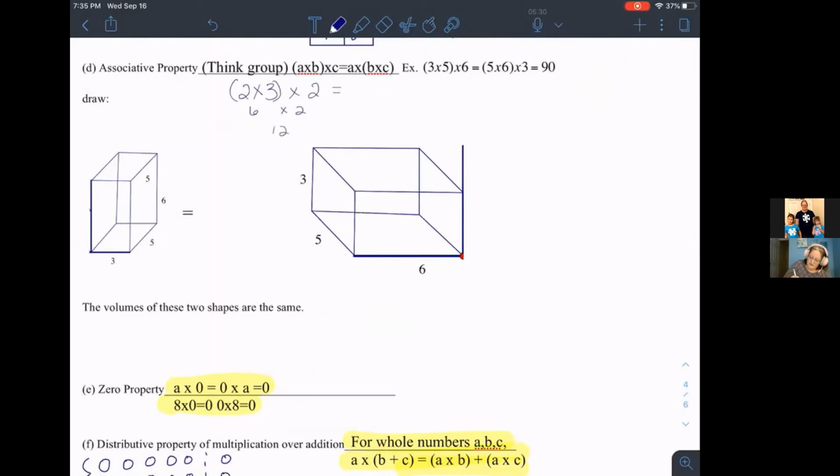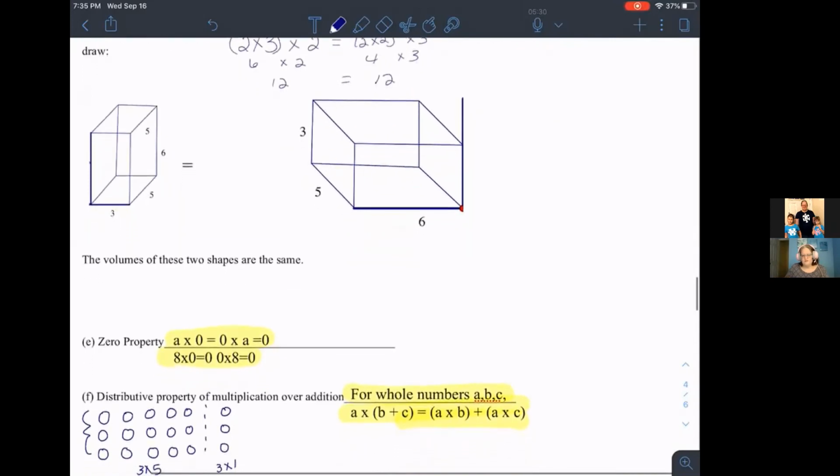Or if you take 2 times 2, then times 3, that's going to be 4 times 3, which is still equal to 12. So it doesn't matter which way you group it, it all works the same. It's all the same answer.